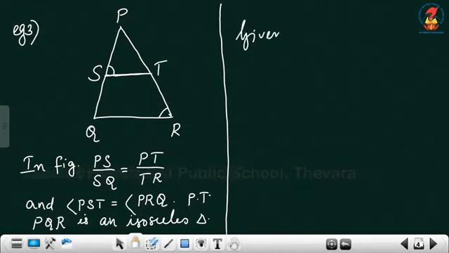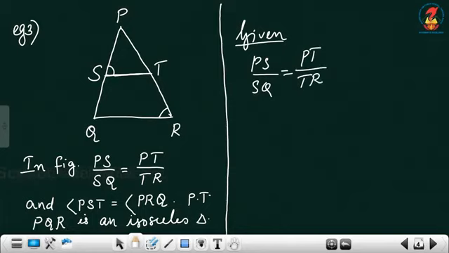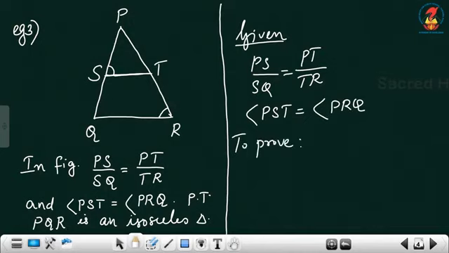So, given things: PS by SQ is equal to PT by TR, and angle PST is equal to angle PRQ.